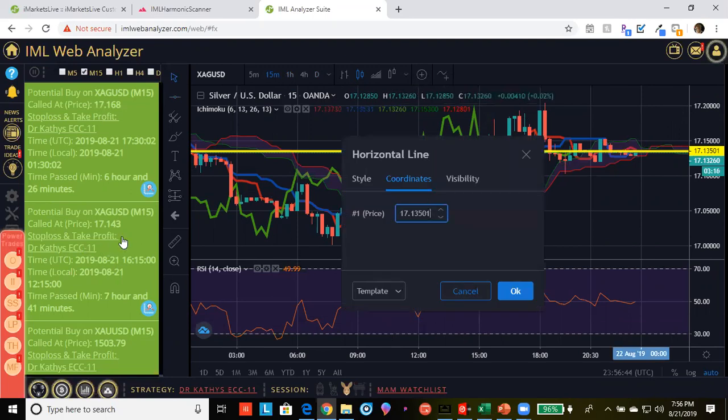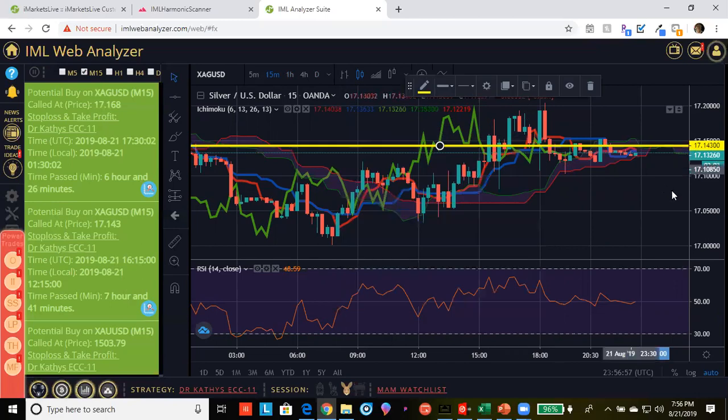And so it says it was called at 17.143. Okay, so it has 3 minutes on this particular candle going up. So we're just trying to make sure that it breaks through that cloud.